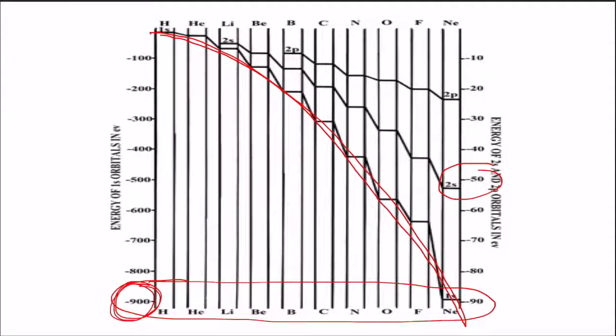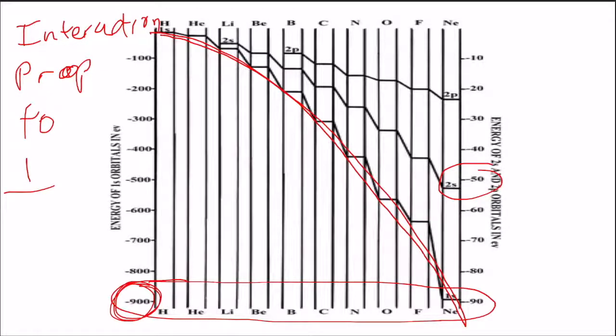Okay, so interaction is proportional to 1 over the energy gap. Okay, so when the energy gap is 0, strong interaction. When the energy gap is huge, very little interaction.